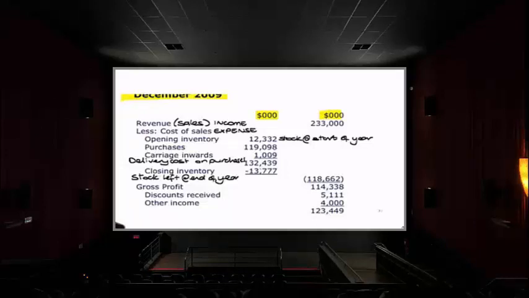Essentially, we're going to defer that cost of that stock at the year end into next year as, guess what? Opening inventory. And opening inventory increases in expense, if you remember. So, we're going to take out closing inventory at the end of this year and move it into next year's statement of comprehensive income as opening inventory.